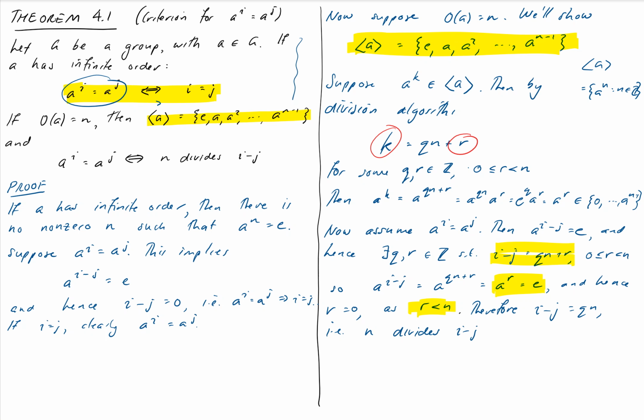Okay. The last thing we have to do is to show that the other way holds as well. So suppose n divides i minus j, which means that i minus j equals qn for some q.